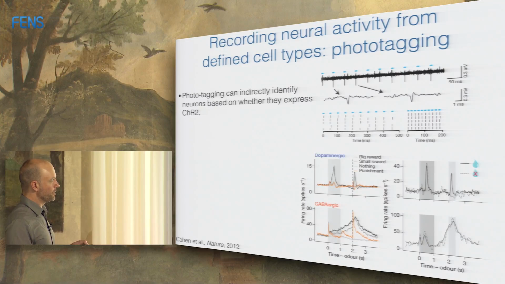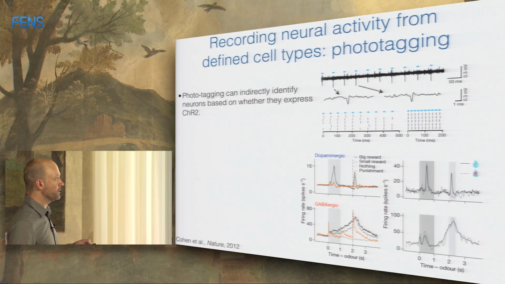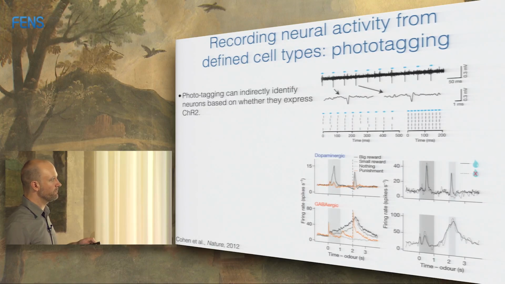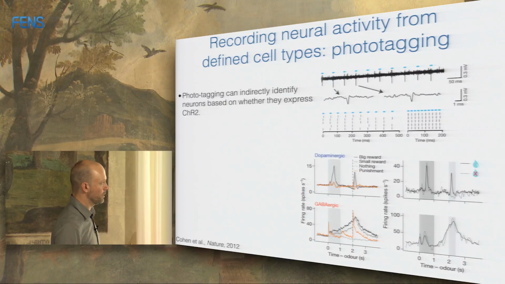You can see in vivo, in this particular neuron that was recorded, that every single light pulse is resulting in a detectable extracellular recorded action potential. If this was done targeting the dopamine cells, which it was in this paper, you would infer that the cell being recorded is indeed a dopamine neuron.